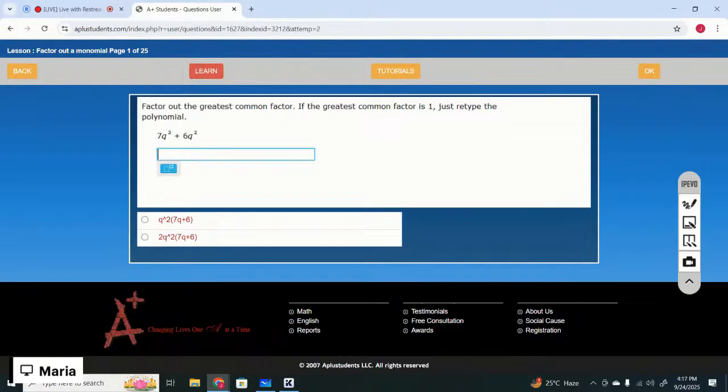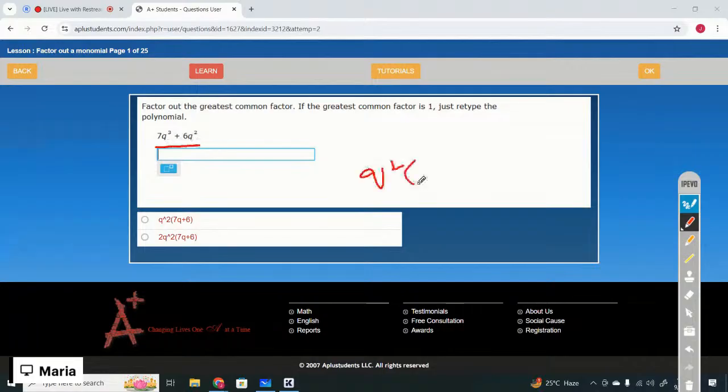So first thing we need to find is the common factor. The common factor is q square, that is q square times 7q plus 6.